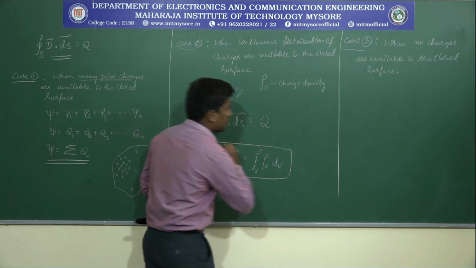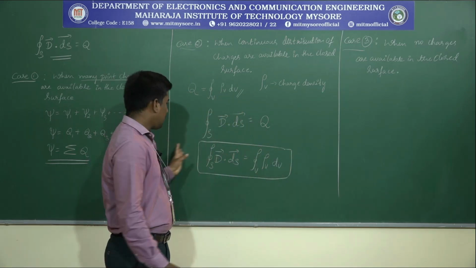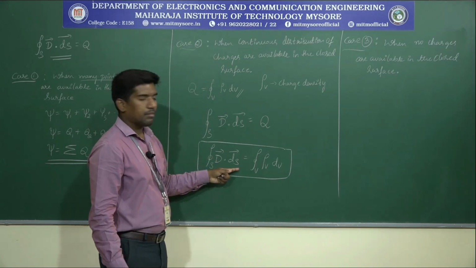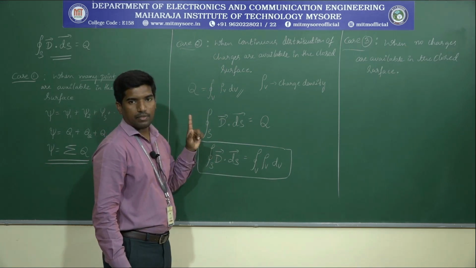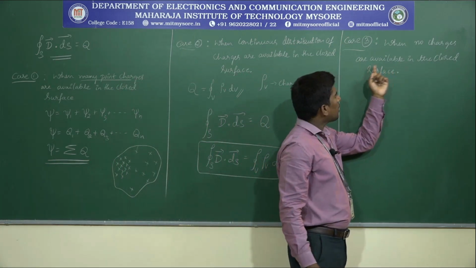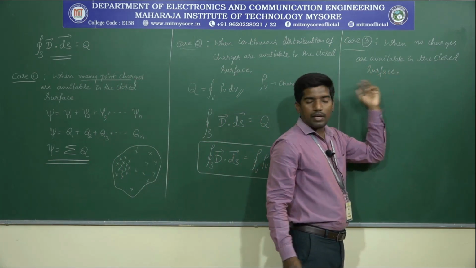For continuous distribution of charges within the closed surface, Gauss law can be written in this format. Then coming to the third case, when no charges are available in the closed surface.